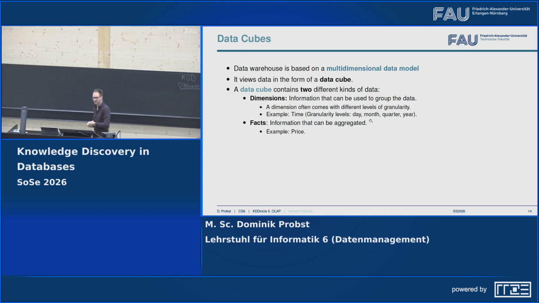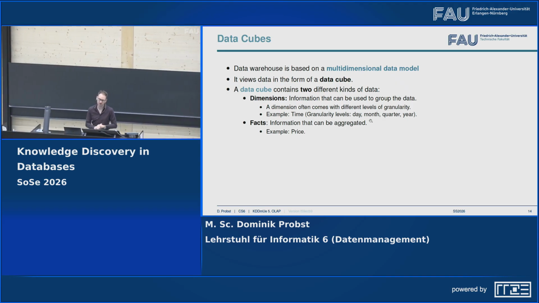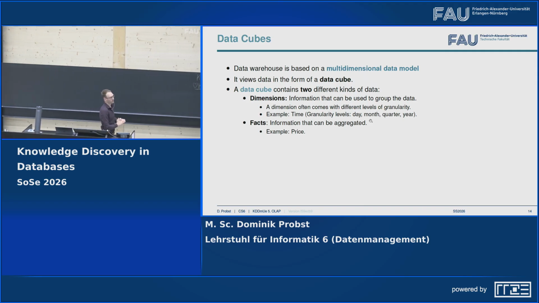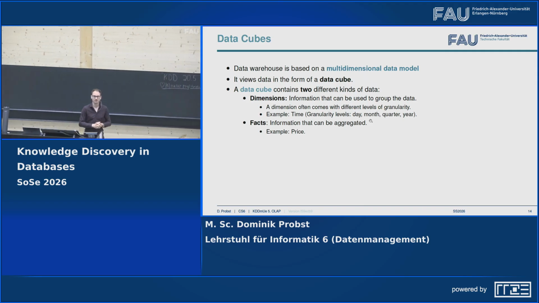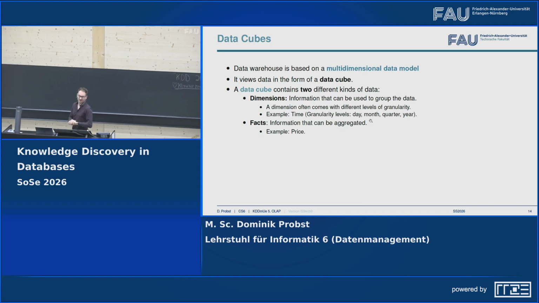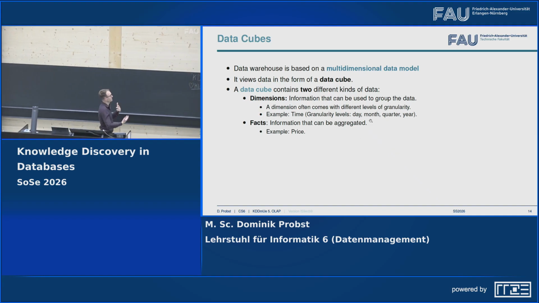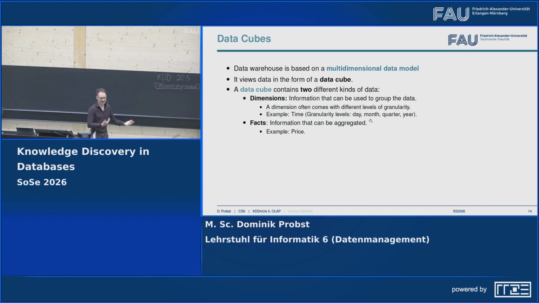That's why we often talk about a data cube. Of course, a data warehouse is not only three-dimensional in many cases, but multidimensional, so we have more than 3 dimensions. The data cube is still the name for this multidimensional data model.